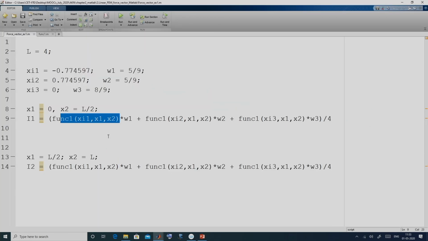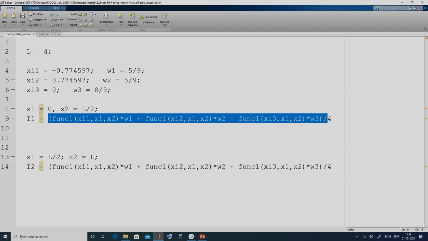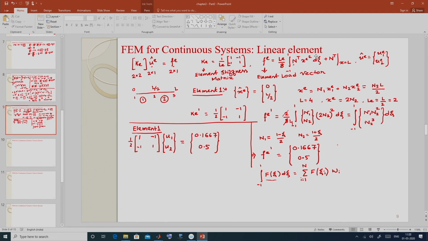So, you can see we are doing this summation: f at xi1 multiplied with W1, f at xi2 multiplied with W2, f at xi3 multiplied with W3. So, this is that integration, and this 1 by 4 is outside the integration. So, this I1 is nothing but the first part of the load vector for element 1.